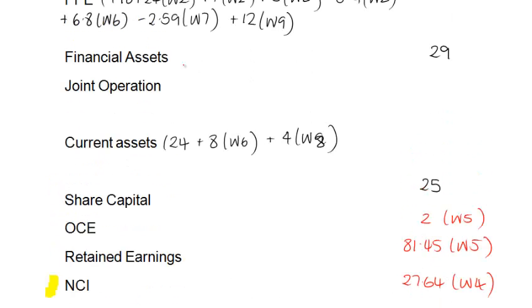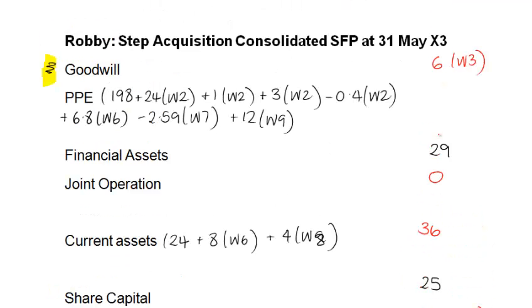We go to our assets. Our joint operation, we ended up at 0 because you put the individual assets in. So current assets, 36. As I said, PPE, a huge number of adjustments to put through, but if you put those all through correctly, 241.13, and we now add up our assets, 312.13, and we balance.